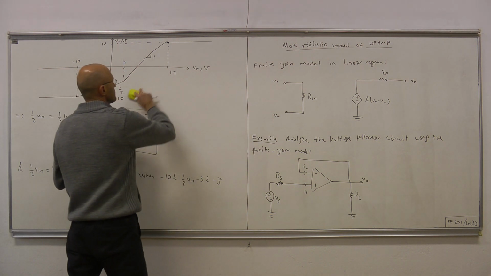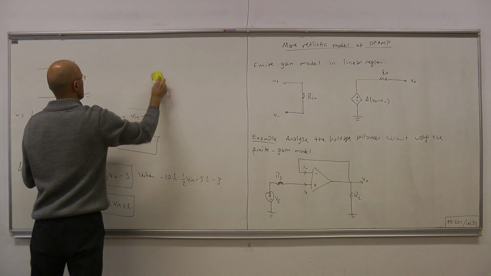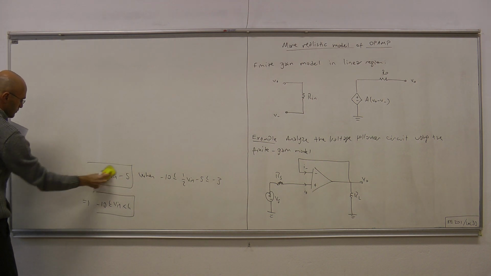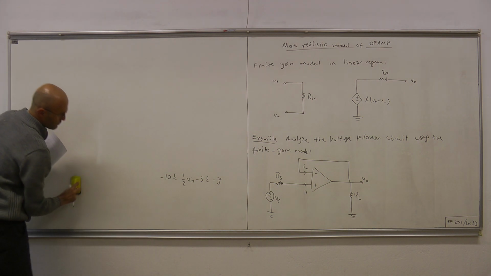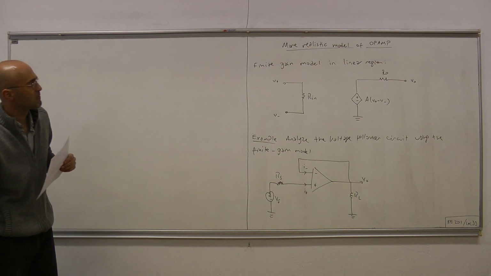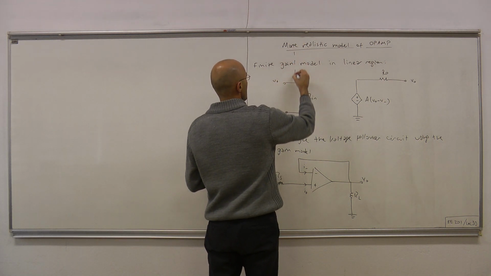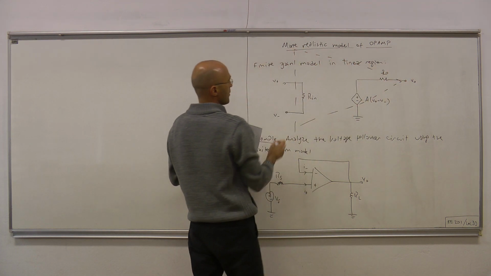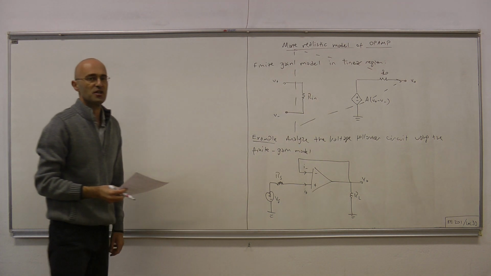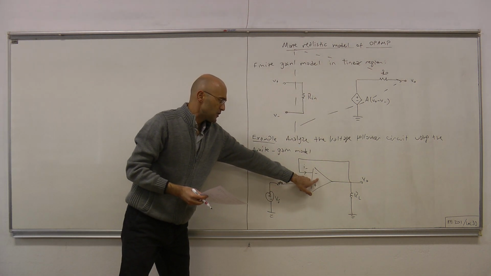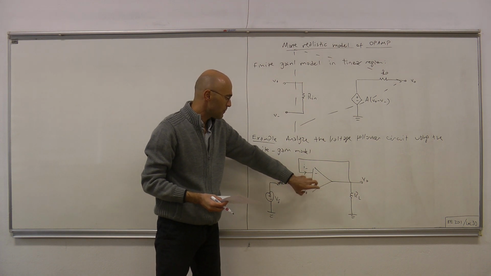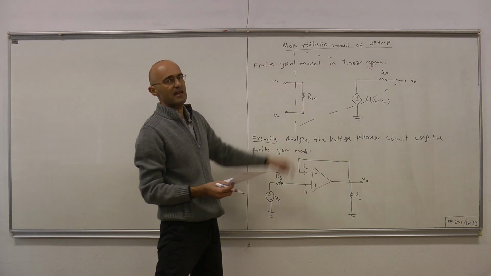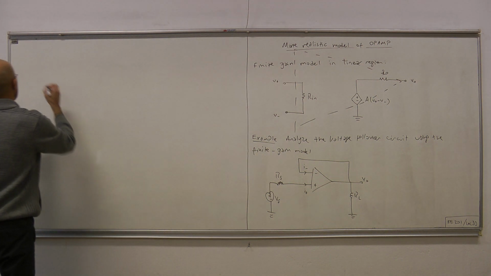Okay, now this thing here is what's inside the op-amp, okay, what's inside the triangle. Therefore, let's decompose this thing or enlarge this thing, op-amp, using the finite gain model and obtain the following circuit.